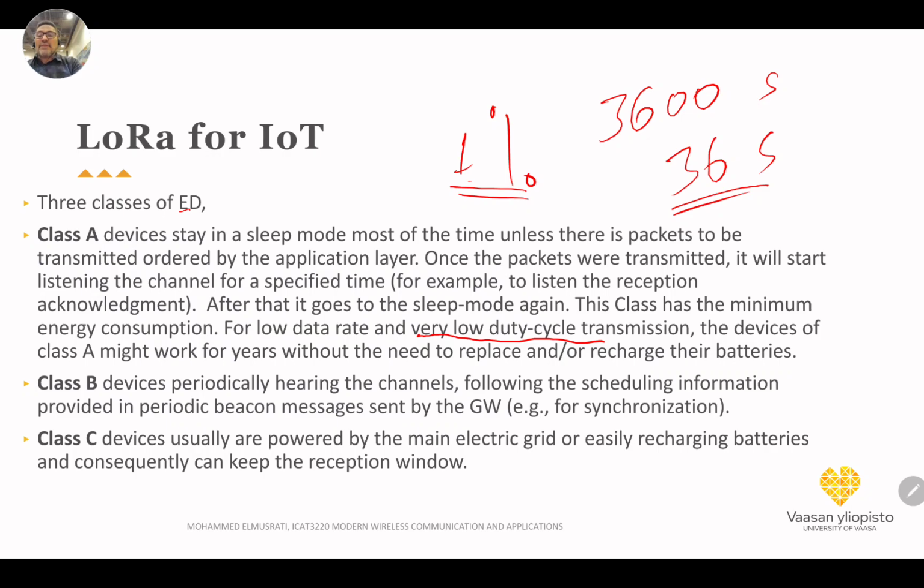Then we have class B. Class B devices need to periodically send or listen to the channel. This is the case where sensors are listening all the time, or the IoT device depends on a response from somewhere. For example, an actuator.